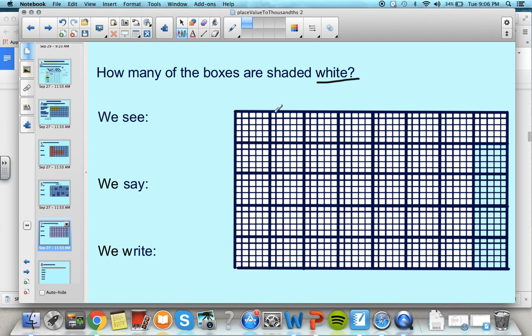How many are shaded white? This is very, very light to see. Do you notice these right here? They're light blue. Go ahead and solve the orange, blue, and white problems.